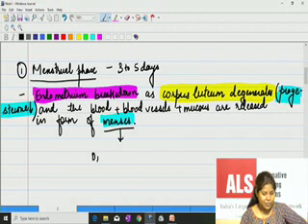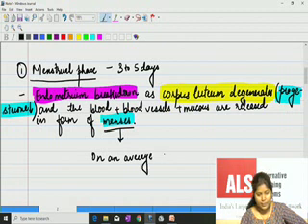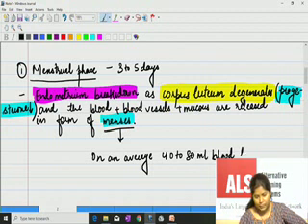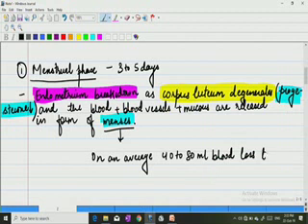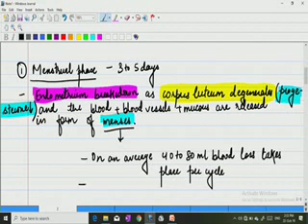So on an average, 80 ml of blood loss takes place per cycle, and the characteristic feature of this blood is that it never clots.